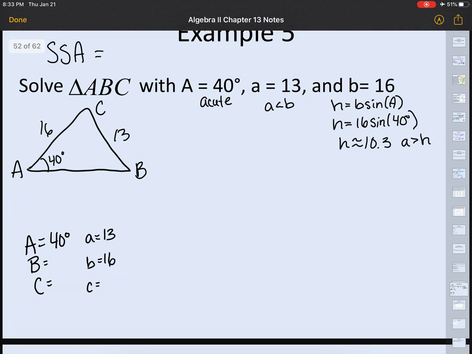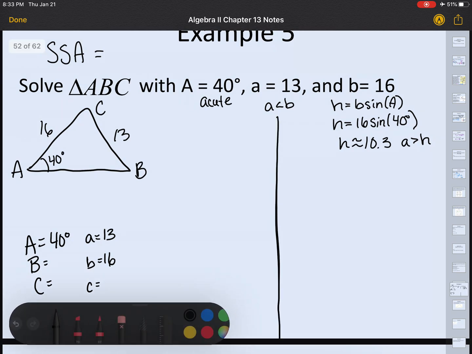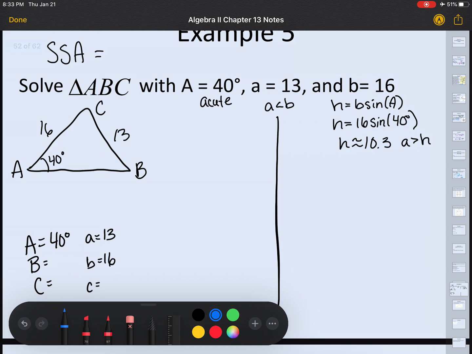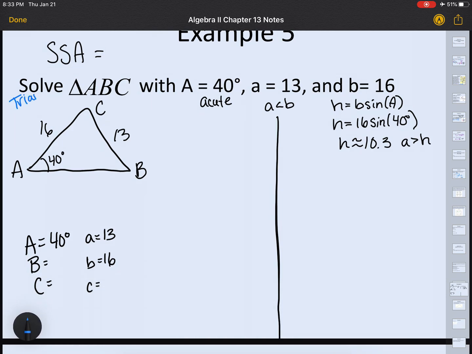Okay, so I'm going to split this up into two triangles. And I'll call this triangle A or triangle 1. And this one triangle 2. Because there's two triangles from our given criteria.